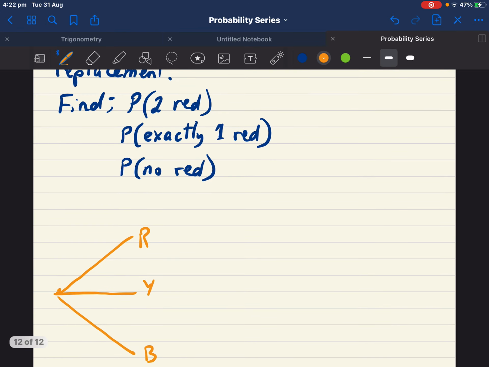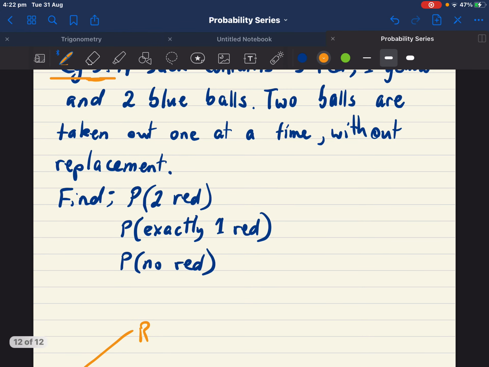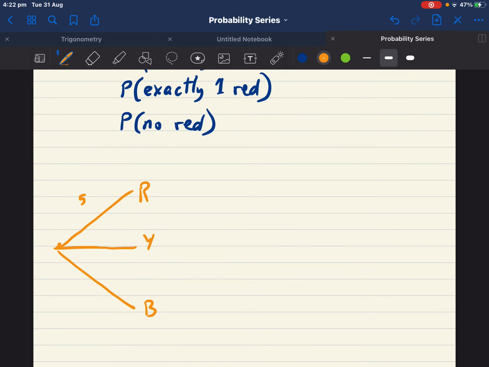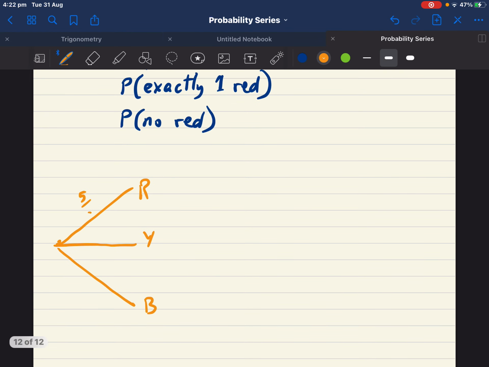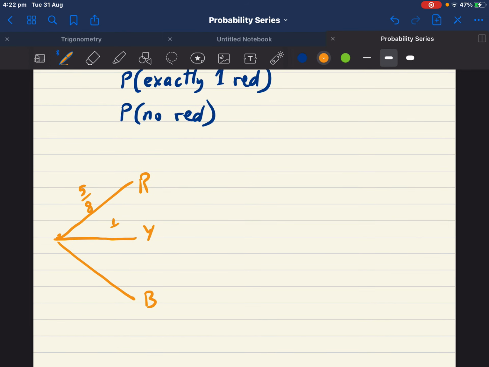What's the probability you get the red? Well, in this particular case, there were 5 reds out of a total of 8 balls. The probability you get a yellow is 1 out of 8, and there were 2 blue balls, so it's 2 out of 8.